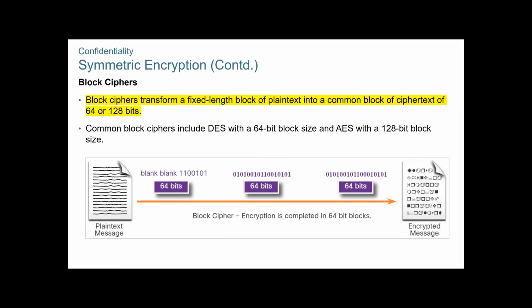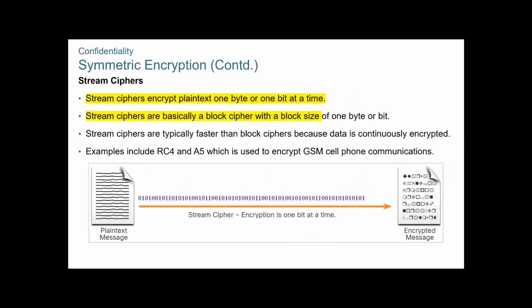This talks about block ciphers using streaming. And there are different kinds of ciphers. You've probably heard these before. A stream cipher is when encryption is one bit at a time.